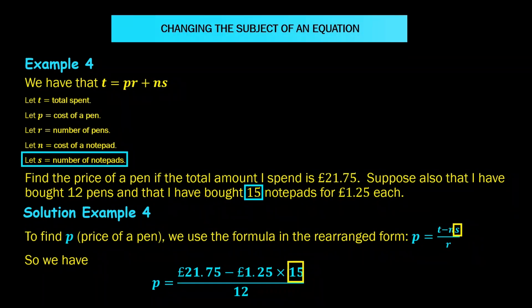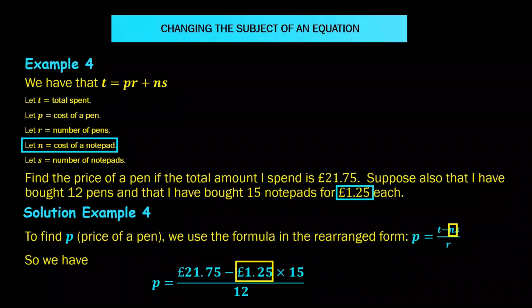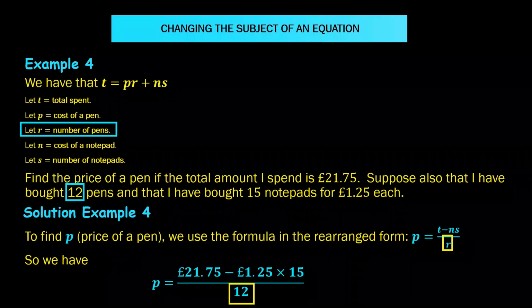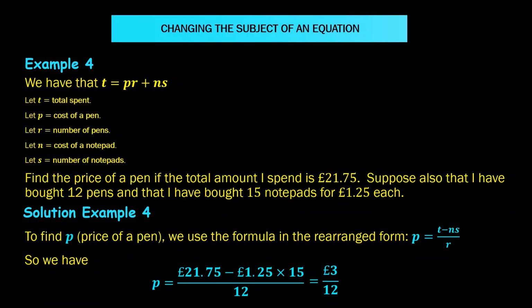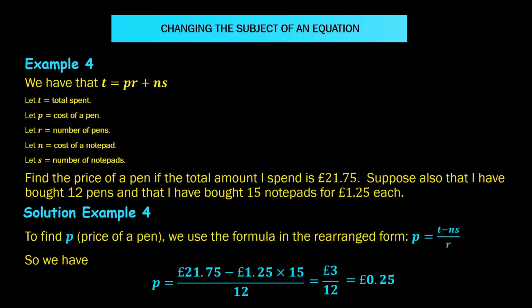I've bought 15 notepads for £1.25 each, and I've bought 12 pens altogether. This gives me £3 over 12, which is equal to £0.25, which means the price of a pen is £0.25.